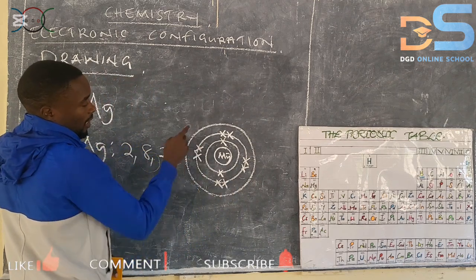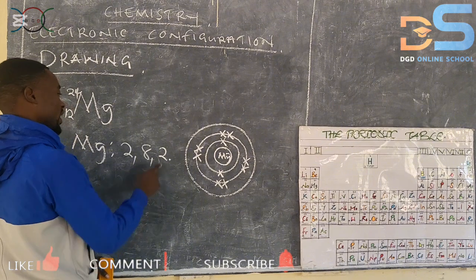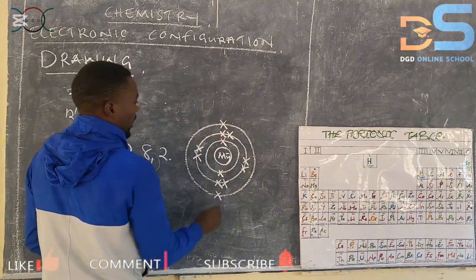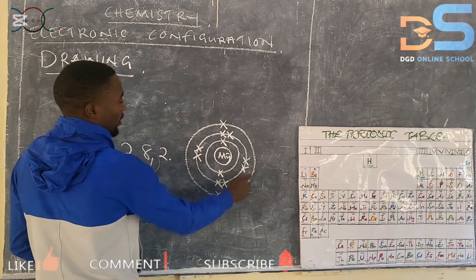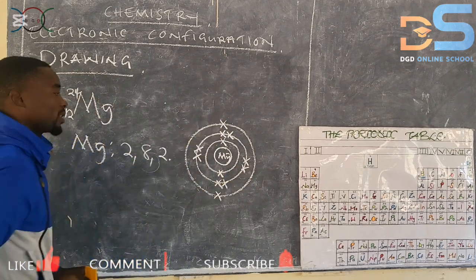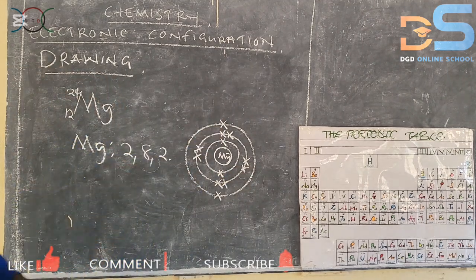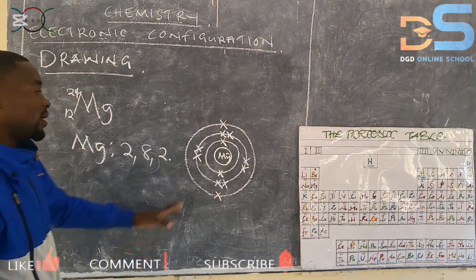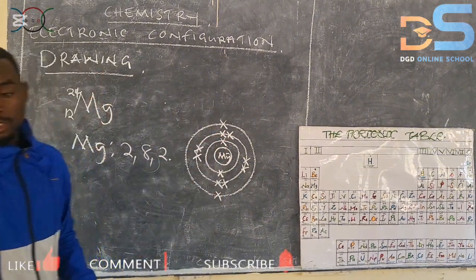Then how many do you have in the last shell? In the last shell we have 2. So 1 can be there, the other 1 can be there, or if you want, you can put them both there. Basically, that's how the electrons in an atom of magnesium are distributed.